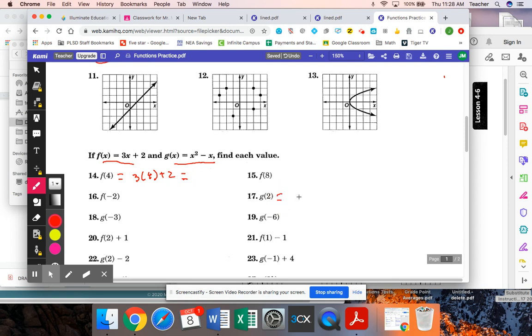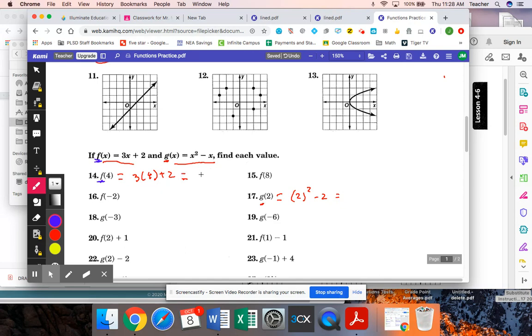G of 2 would be, I would have to use this one, 2 squared minus 2, and simplify that. The G tells you to go with the G. The F tells you to go with the F.